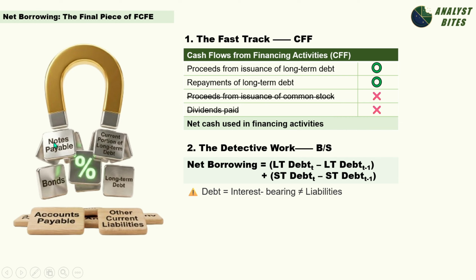It only attracts iron blocks that carry an interest rate. This includes notes payable, current portion of long-term debt, bonds, and long-term debt. Wooden blocks like accounts payable or other operating accruals carry no interest, so the magnet ignores them completely. Don't include them in your net borrowing calculation.